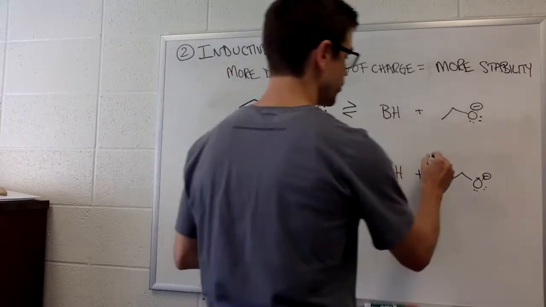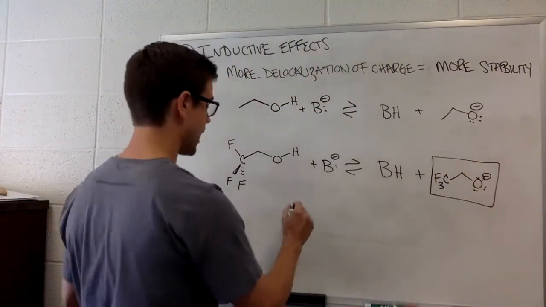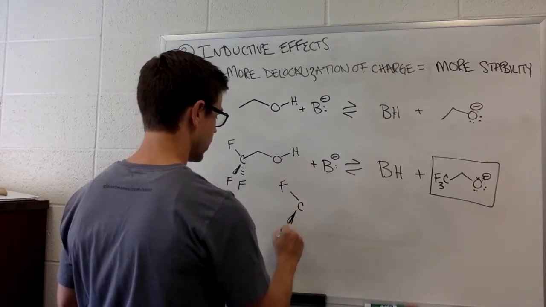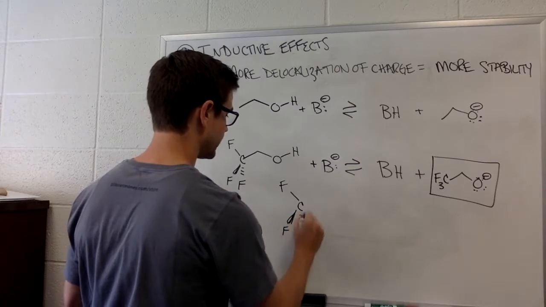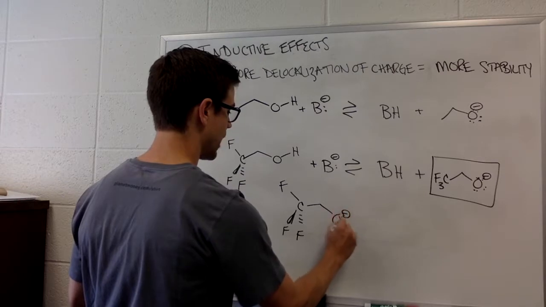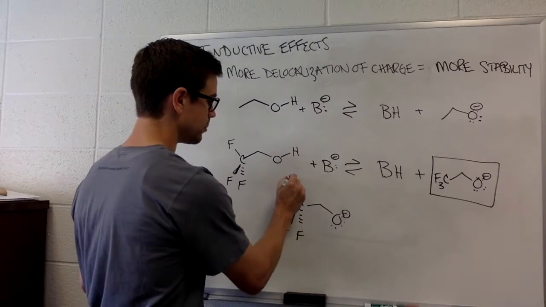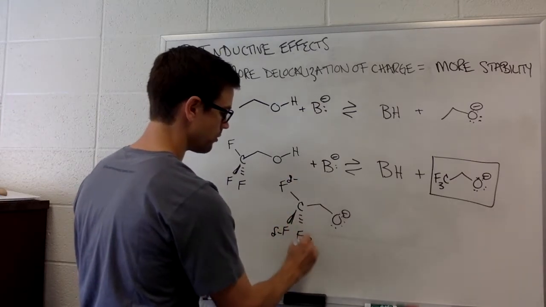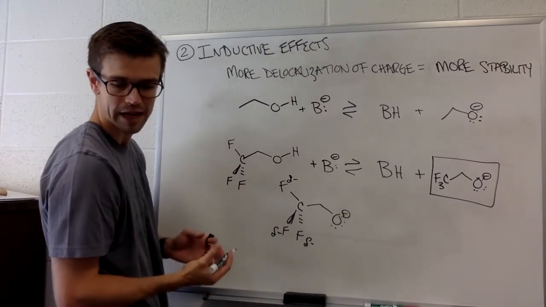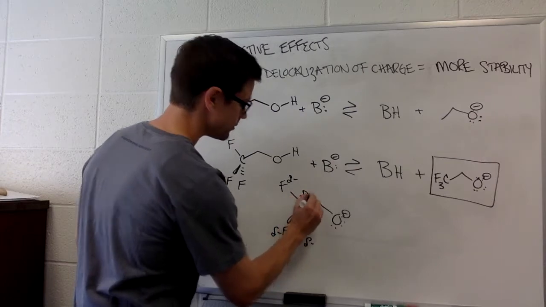If we draw this again here, and we draw out the fluorine atoms, the fluorines themselves are going to be pulling electron density away from the attached carbon atom, causing it to be partially negative. All of the fluorine atoms are doing that, and because all of them are pulling away from the same carbon atom, that causes it to be partially positive.